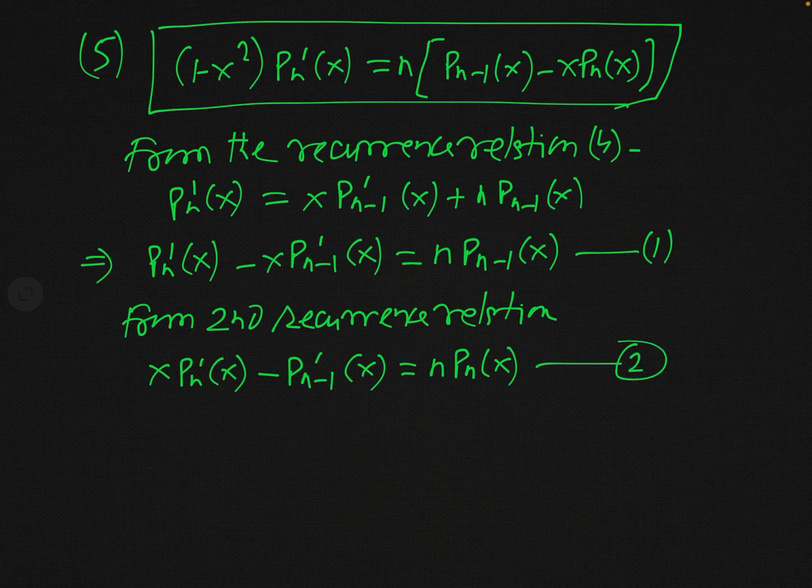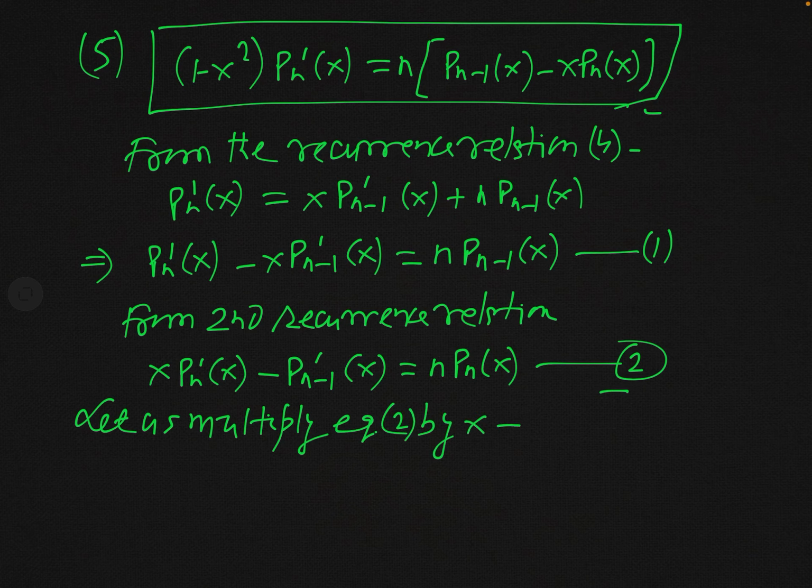So this is simply the second recurrence relation, and now multiply this second equation by x, and after that we will subtract that result from equation 1, and then you will see that your fifth recurrence formula will be simply proved. So let us multiply equation 2 by x.